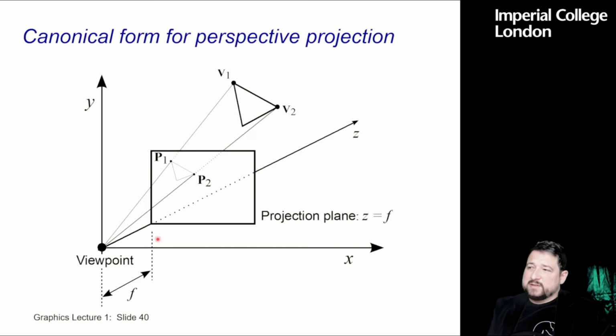So if I move this a little bit more into the back, the f gets bigger, then apparently the distance between these lines also gets bigger, and my object projection gets bigger. If I make this f a little bit smaller, and move this more towards the origin, then the distance between the lines is smaller and my object projection will get smaller.